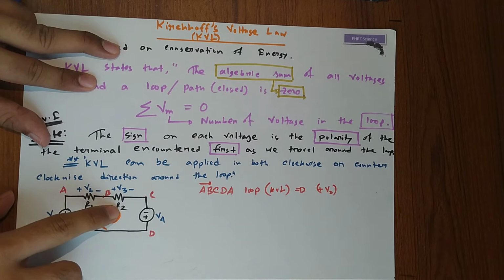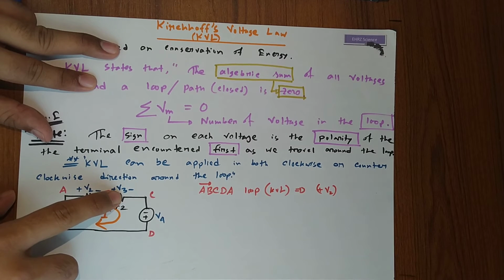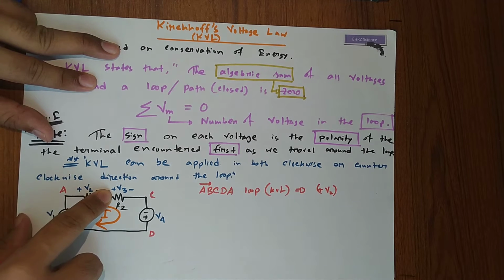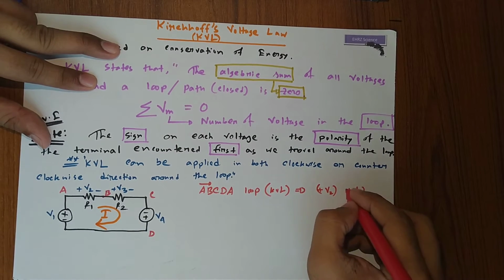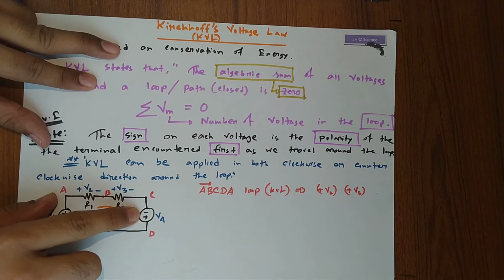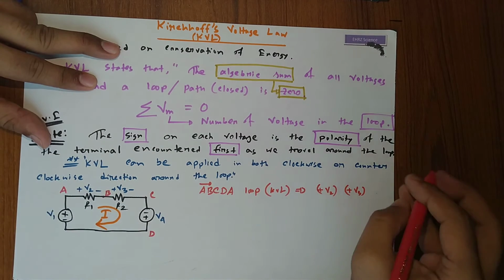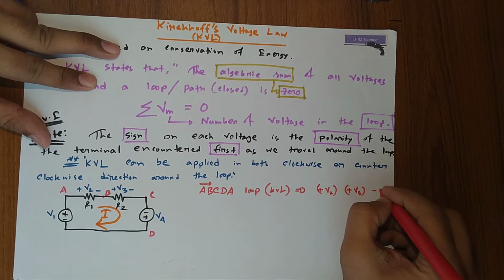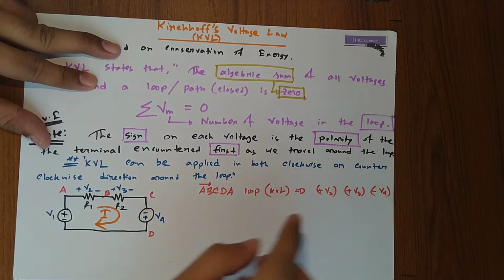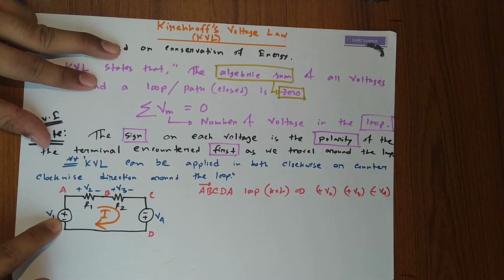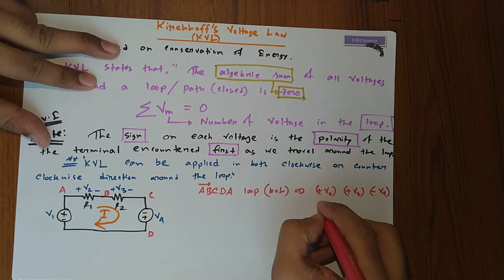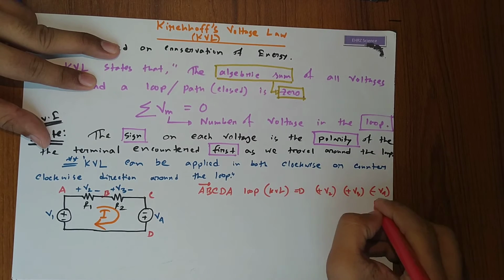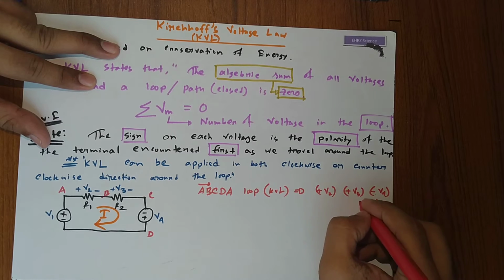Now you are entering the V3 voltage and the polarity we are entering first is also positive, so this is positive V3. We are entering the negative polarity of voltage V4, so it should be negative V4, and finally we are entering the negative polarity of the V1 voltage source also, so this is negative V1.